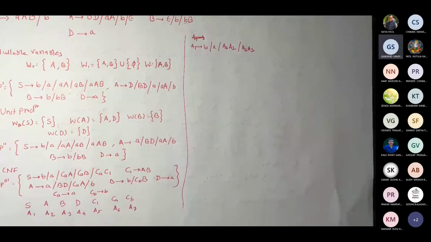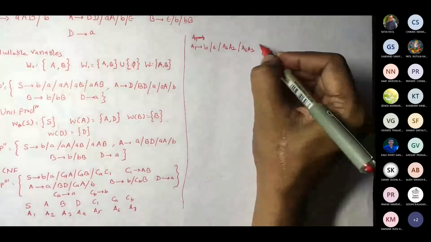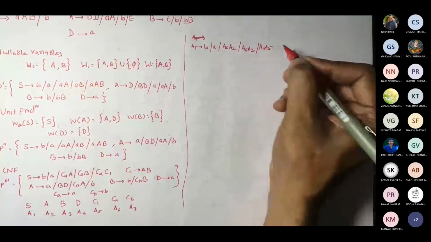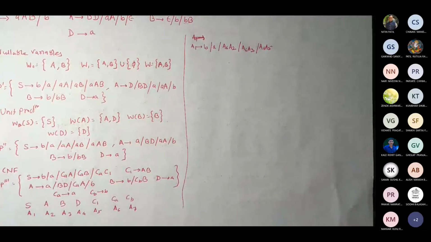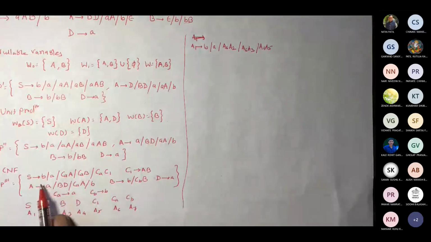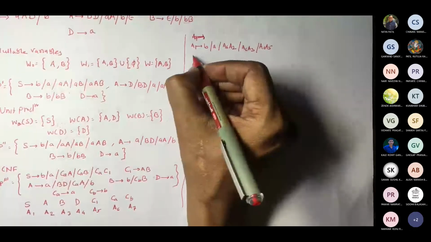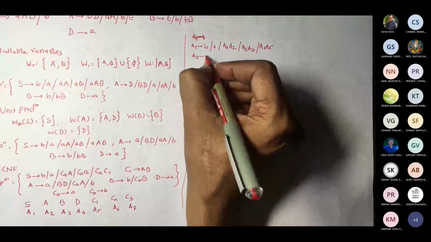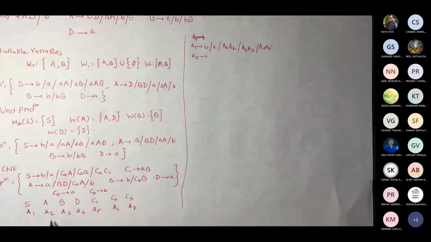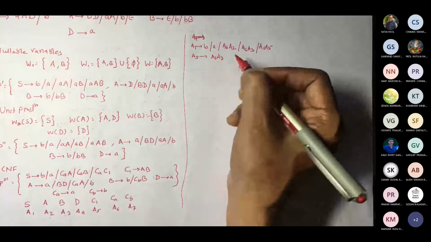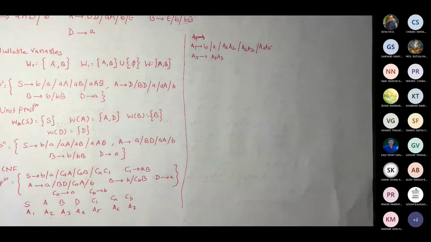Okay. Next, A6, A5. Correct? C1, right? So A6, C1, A5. So we now have all A1 productions written. Now C1, that means A5. A5 gives AB, that means what? A2, A3. Correct? Fine.